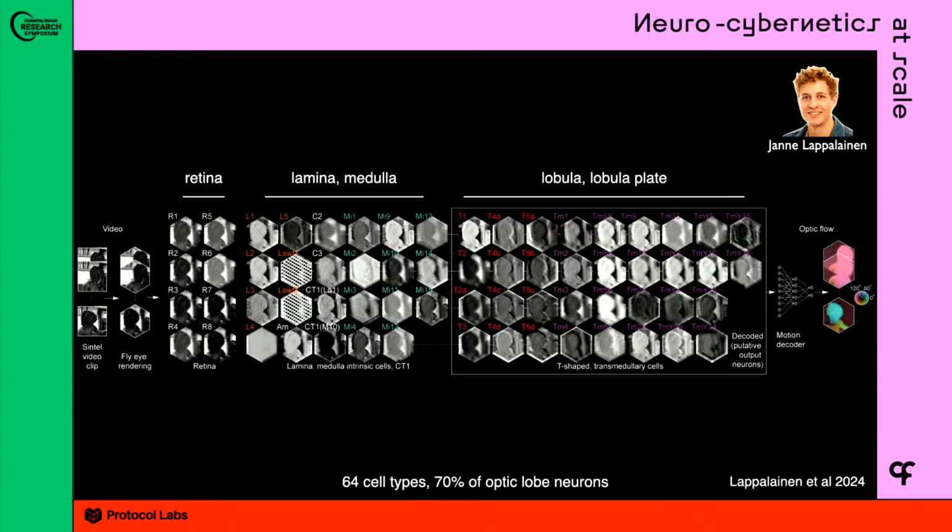So this is a classic computer vision task. There are video clips over here. The video clips are rendered onto the fly eye and passed into the retina. We're now integrating, there are 45,000 neurons here. We're integrating the coupled differential equations of those 45,000 neurons at tiny 20 millisecond time steps.